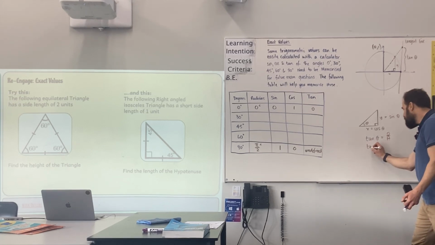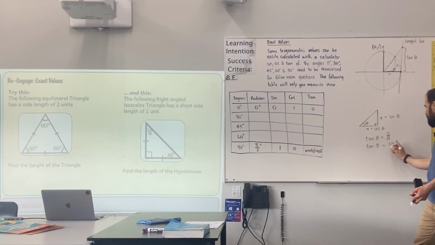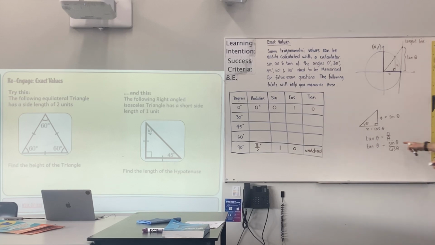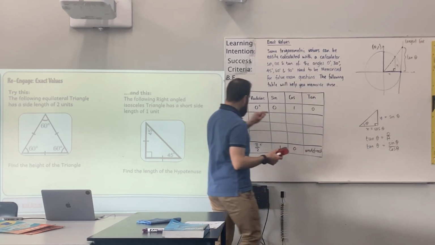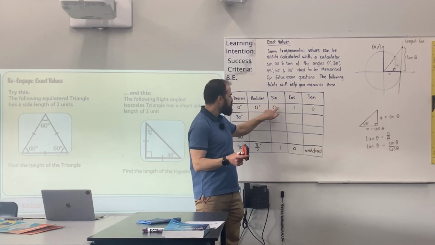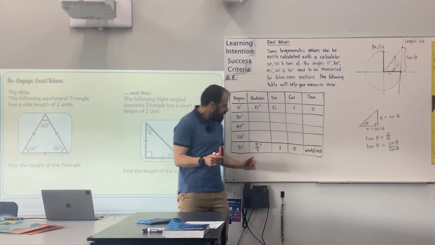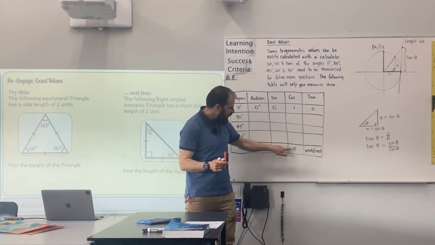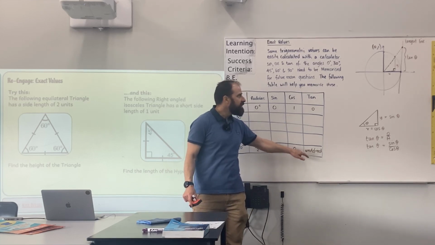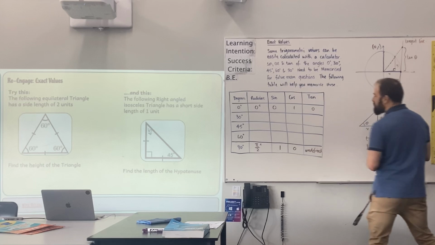So tan theta is equal to sine theta, the opposite side, divided by the adjacent side, cos theta. If I used this to work out tan at 0 degrees, I can just do sine divided by cos. What's 0 divided by 1? 0. To work out this one, I can do sine divided by cos. What's 1 divided by 0? Can't divide by 0, it's undefined. So there's two different ways we can work out tan, but we're going to talk about that as we go forwards.